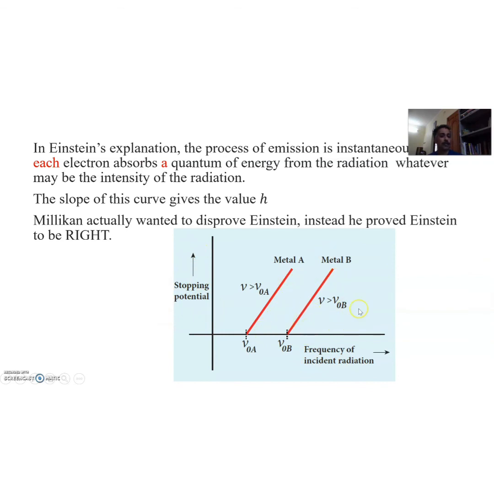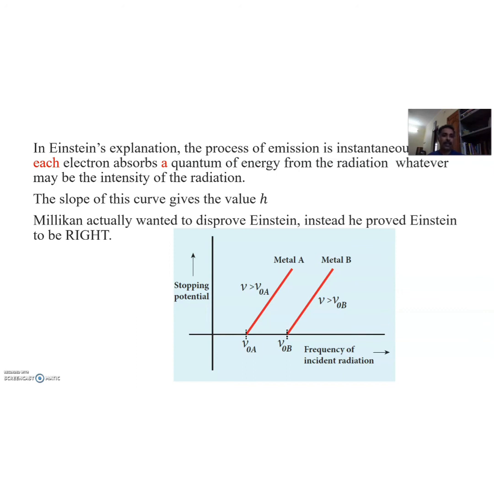And he plotted graphs, and in all the graphs he found that the slope of this line, or the ratio dy by dx, is always a constant value, which is the Planck's constant. Actually, Millikan wanted to disprove Einstein, but instead he proved Einstein.